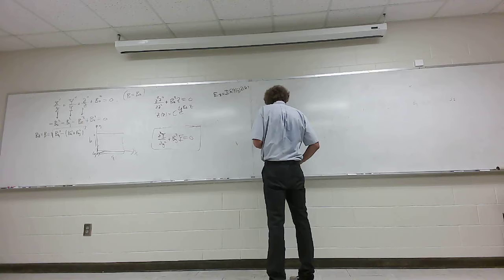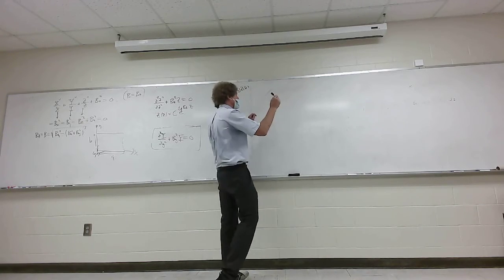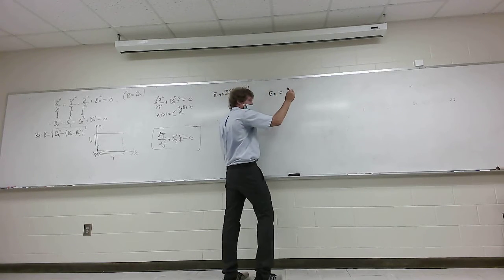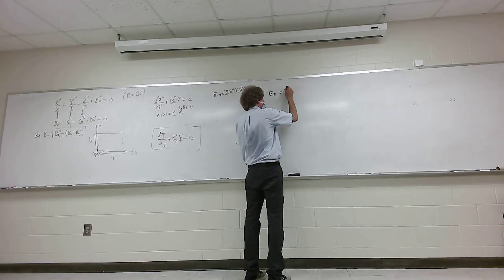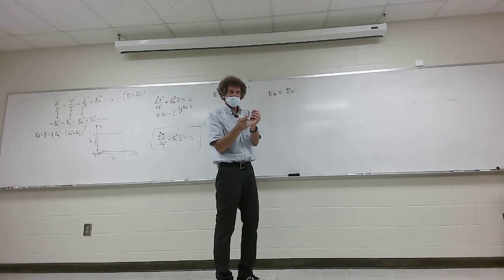And I'll tell you how to get beta z in 1 second, but I want to write this down. That means the actual function of Ez will be equal to some constant, and most of the time they call it E naught. It's a scalar value, doesn't matter.